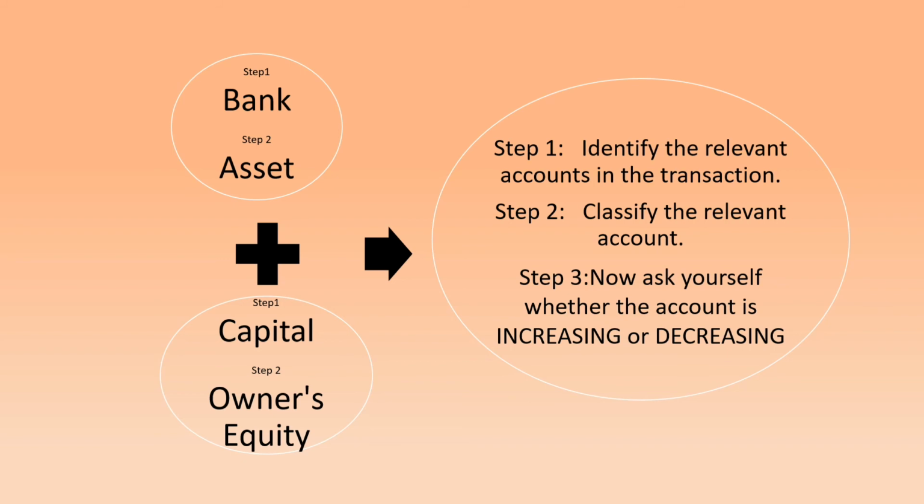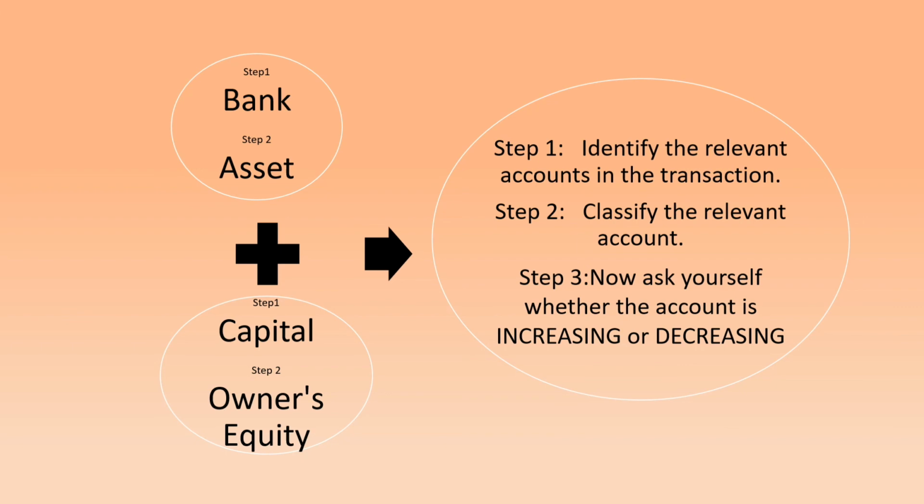Are you dealing with owner's equity, assets, liabilities, income or expenses? Bank is an asset, capital is owner's equity. And lastly, ask yourself whether the account is increasing or decreasing. Bank, which is an asset, is increasing while capital and thus owner's equity is increasing. You now just need to plug in the figures into the equation.